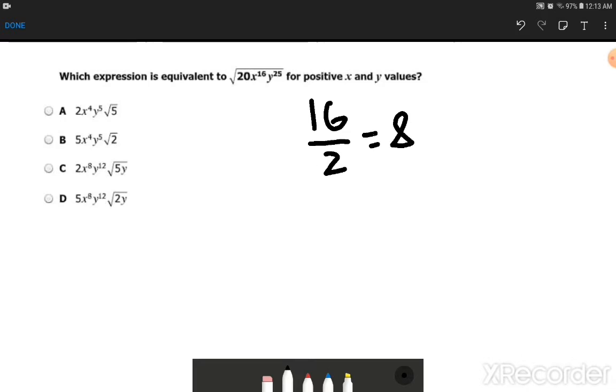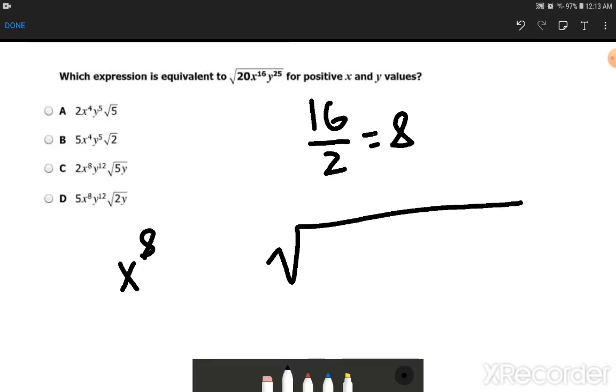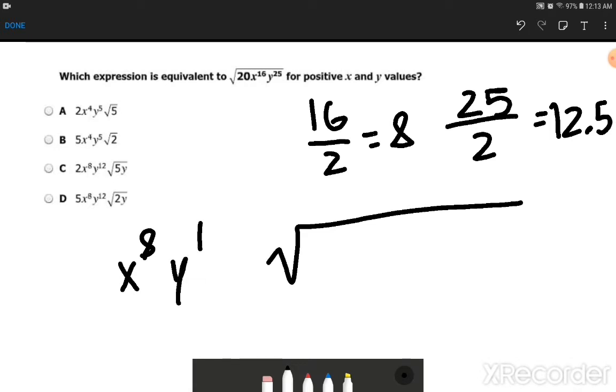So 8 will come out of the square root, so x to the 8th. We're going to do the same thing with y to the 25. We divide by 2 and get 12.5. So we're going to take the 12 out and leave one y still in.